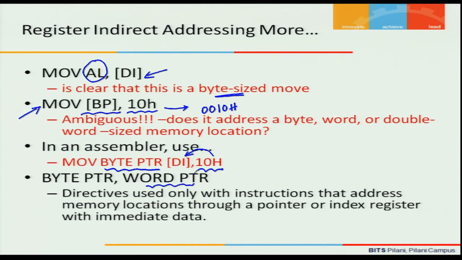These directives are used only with instructions that use memory locations through a pointer or an index register with immediate data. So these directives will be required in those situations. These are the finer points about using the register indirect addressing mode.